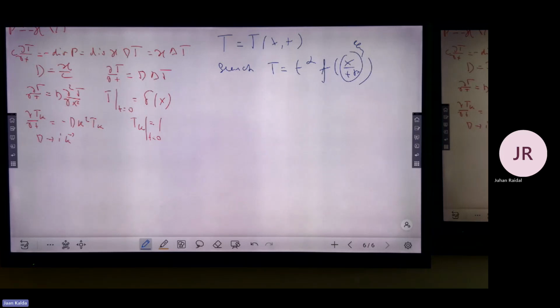Out of those, beta is defined by the structure of the equation. Alpha is defined by the boundary and initial conditions. More specifically, let us see.